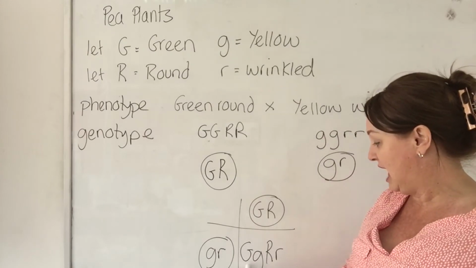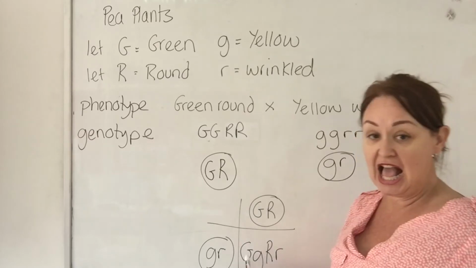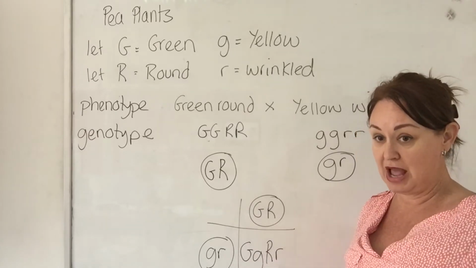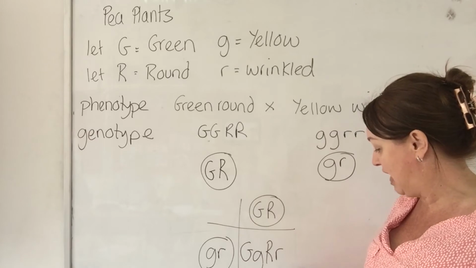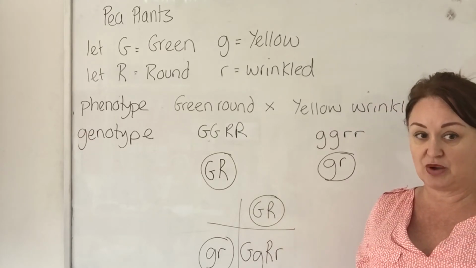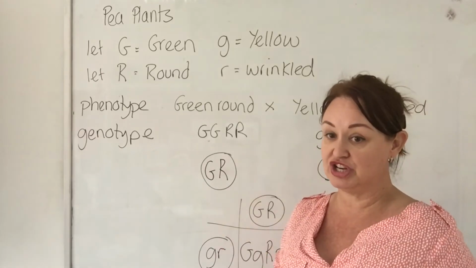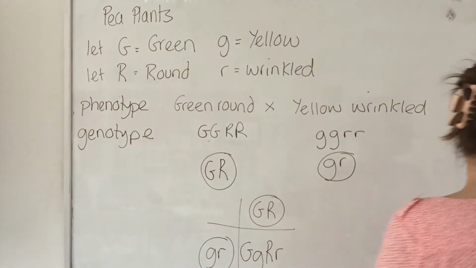It's going to be heterozygous, it's going to be green, and it's going to be round. So that is my F1 generation. Agreed? Okay, so let's have a look now, when we cross the F1 generation, what happens next?